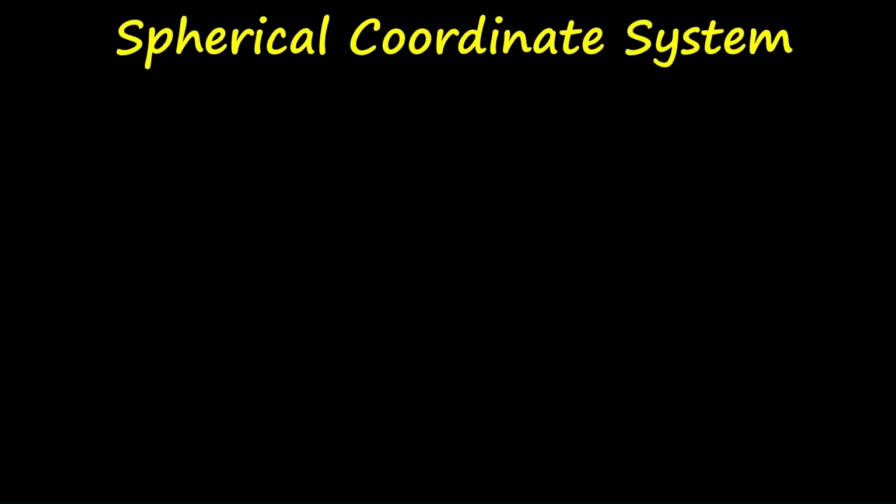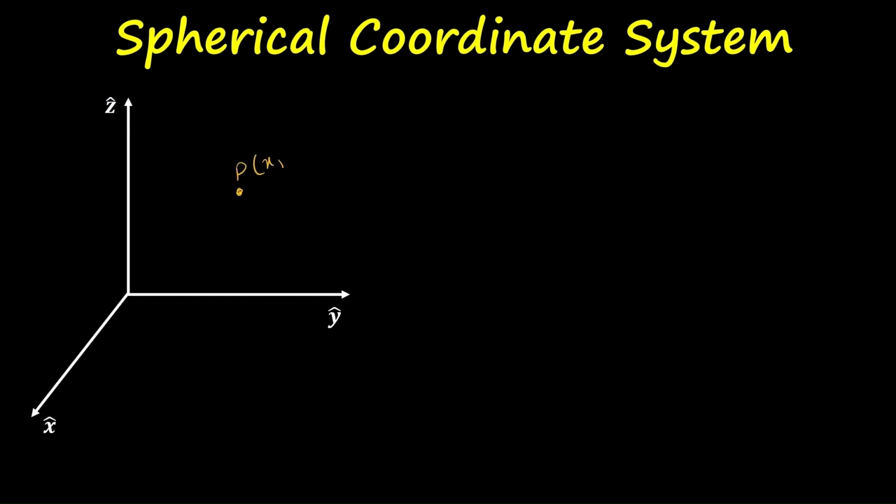Now, let us discuss the spherical coordinate system. In a normal Cartesian coordinate system, we have x, y, and z direction. And if we take a point, let's say point P, this point P will be defined by x, y, and z.